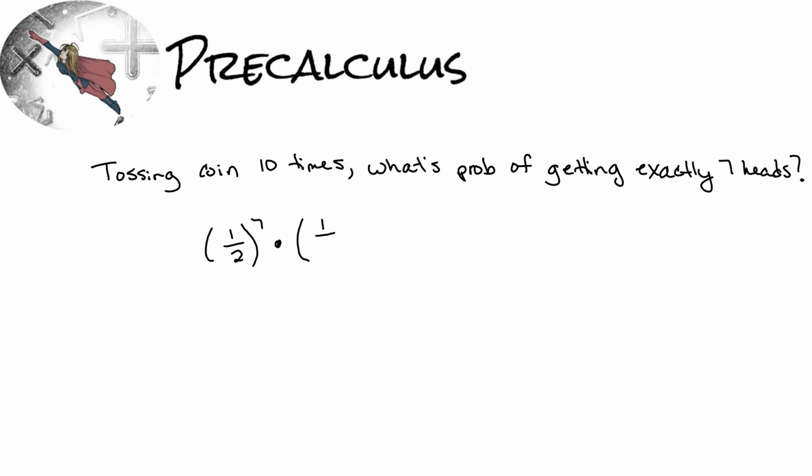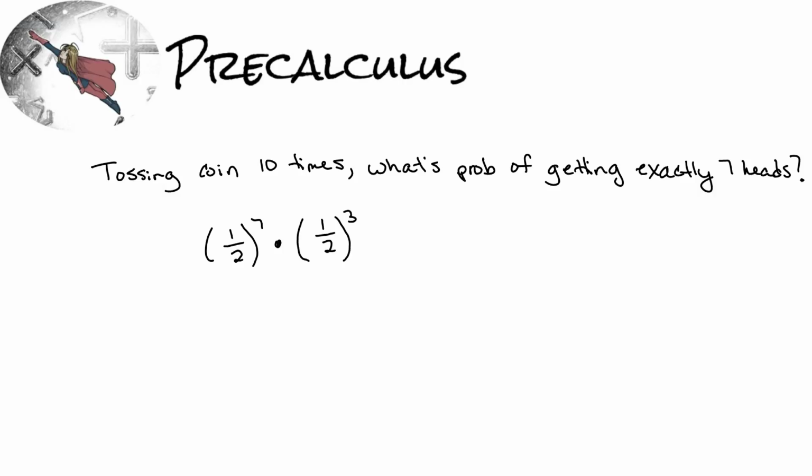Now, it's also a 1/2 chance of getting tails, but that wouldn't always be 1/2 for both. I'll show you a different scenario where that's not true. But a 1/2 chance of getting tails, and you would get exactly 3 tails.